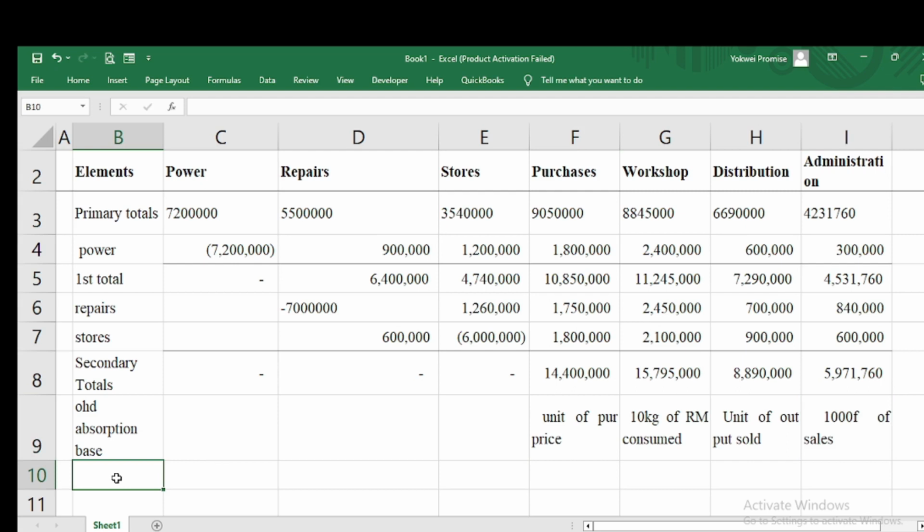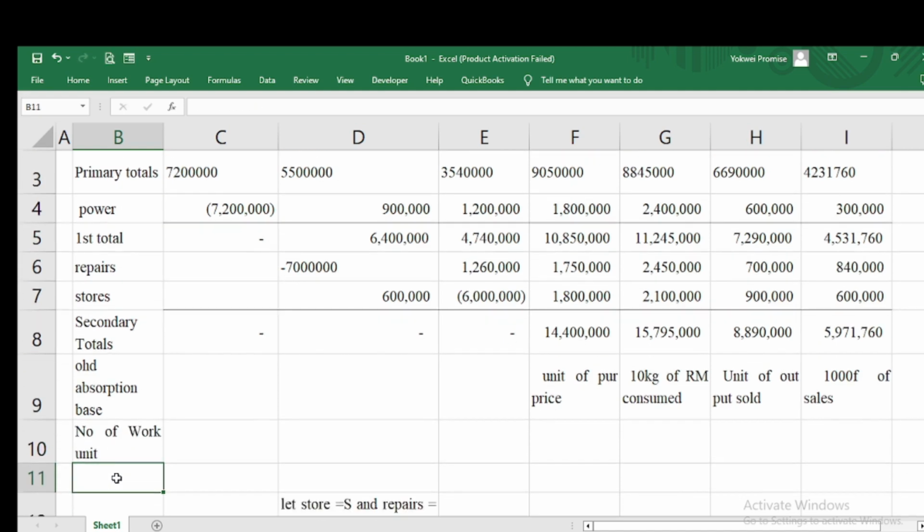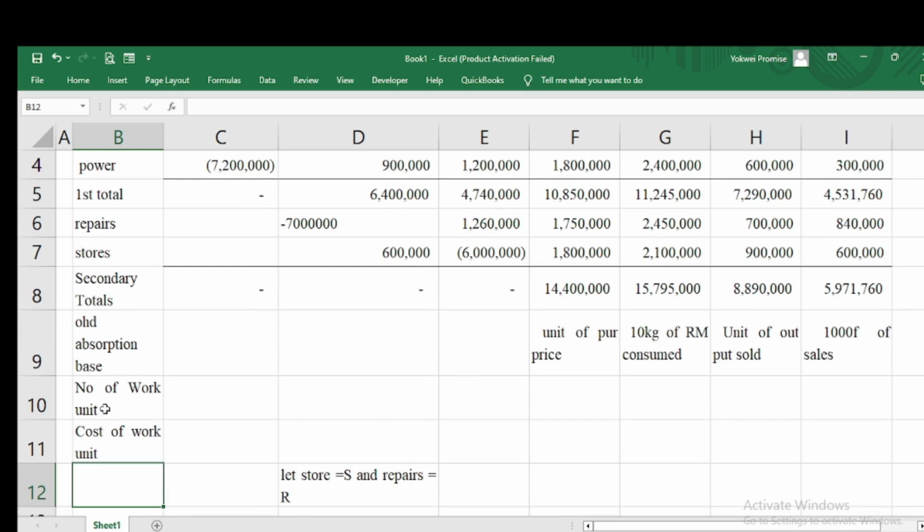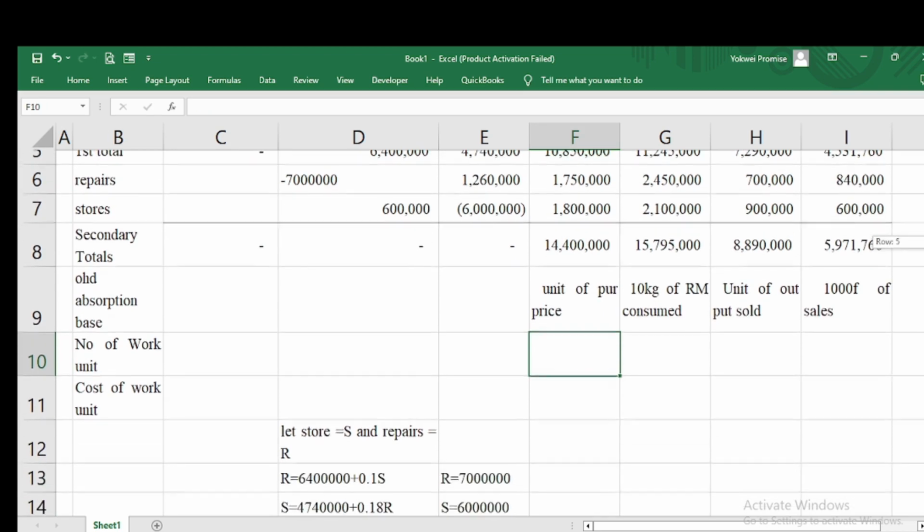Now we'll determine the number of work units before the cost of work unit. So the number of work units, from there we move to the cost of work unit. We move back to the question.